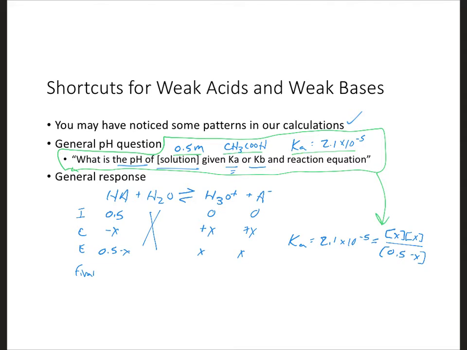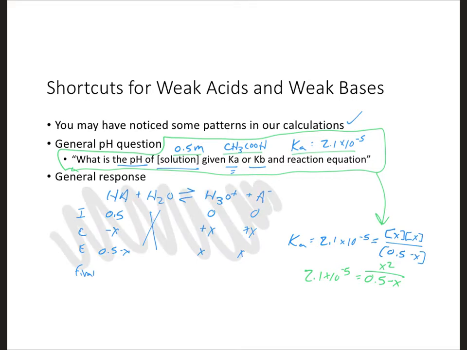The Ka is going to go over here, 2.1 times 10 to the minus 5. It's going to be equal to that starting concentration, 0.5 minus X on the bottom and X squared on the top. So by recognizing this general pattern, we've actually been able to forget about that ICE table. We've been able to jump ahead. So that is a shortcut.